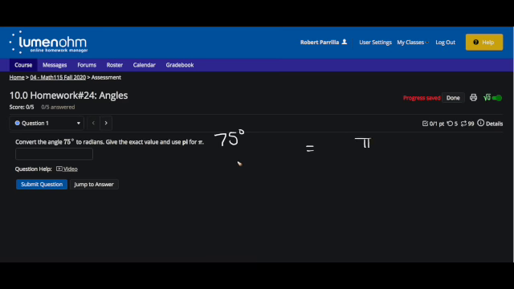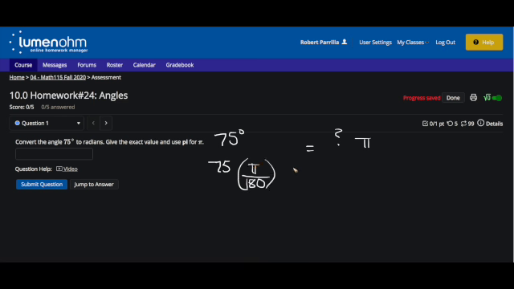Okay, and we're going to work it here. 75 is equal to some form of pi. It could be a fraction, it could be a whole number, but something with pi. And all you have to do is think about the fact that if I have 75, I'm going to need to use a conversion factor that'll give me pi on top, and that's going to be pi over 180.